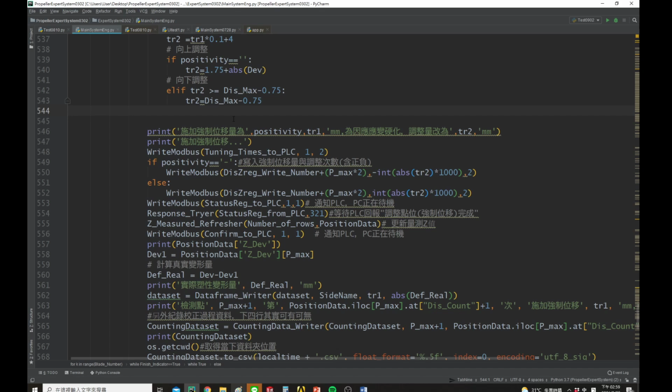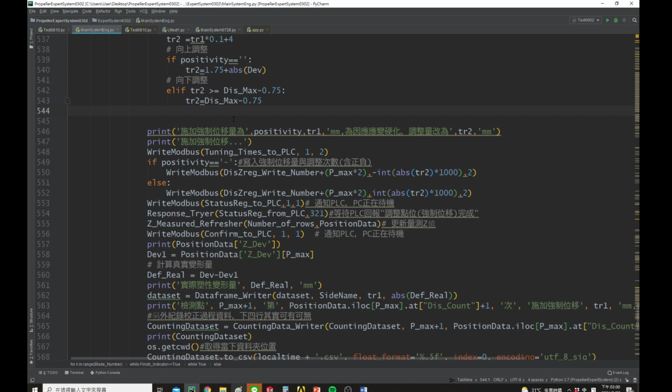The control scheme they use right now is they follow the ideal position of the CAD model. So for example, the ideal position of the CAD model is like this, but the untuned propeller maybe looks like this. There will be some difference, right?